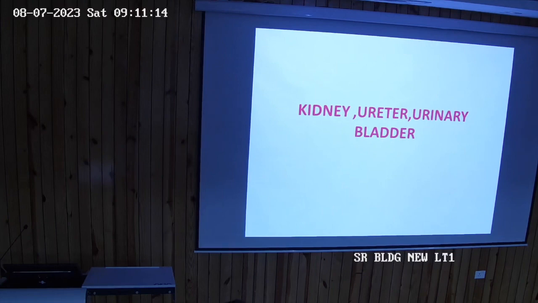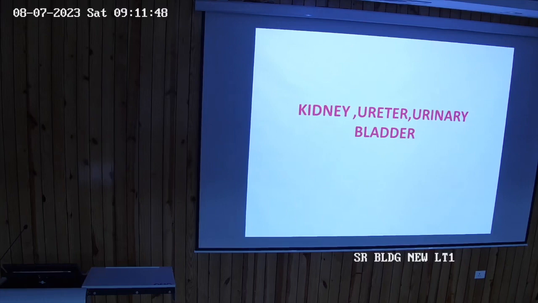The diagram you see is the gross picture of the kidneys. During the time of the peritoneum, I told you about the primary retroperitoneal organs and secondary retroperitoneal organs. Kidneys are also retroperitoneal organs. They are situated in the posterior abdominal wall in the lumbar region.